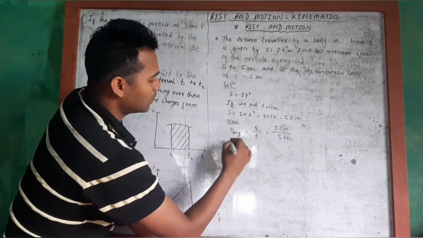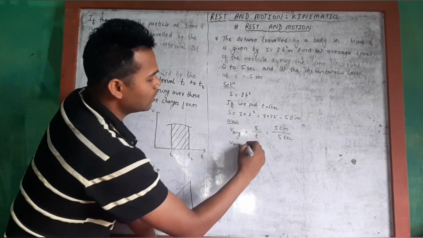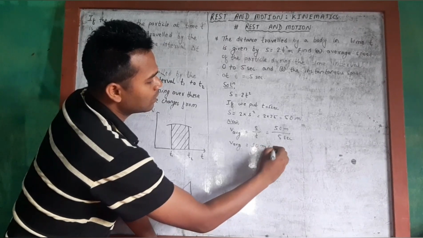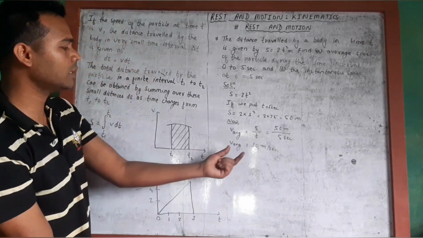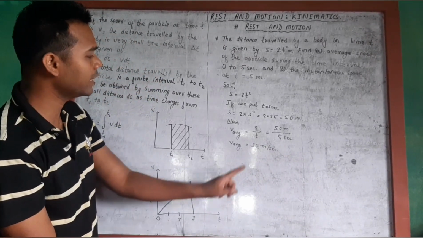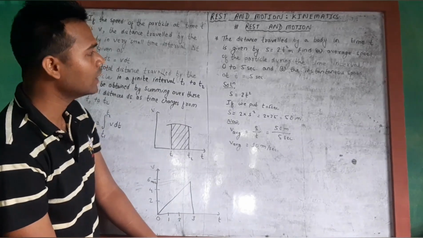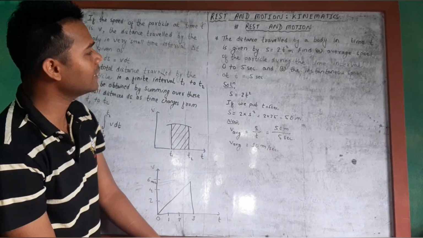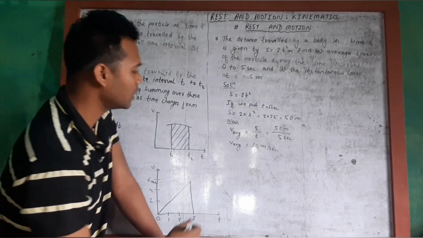Therefore the answer will be 10 meters per second. That's why the average speed of the body is 10 meters per second. Again in part (b), the instantaneous speed at 5 seconds.